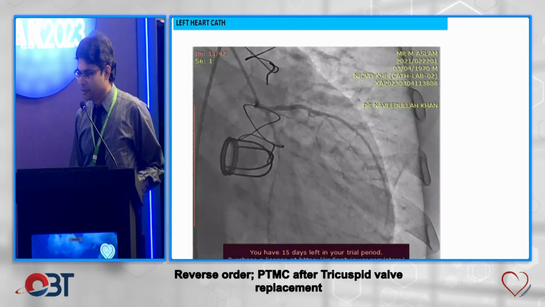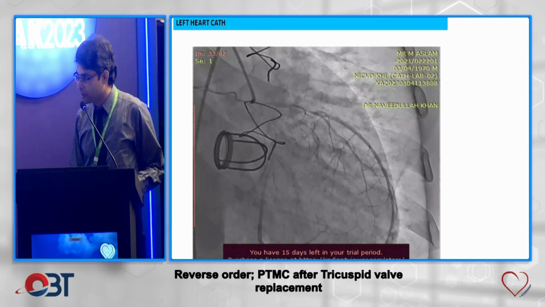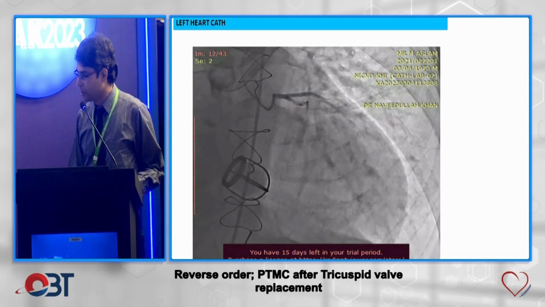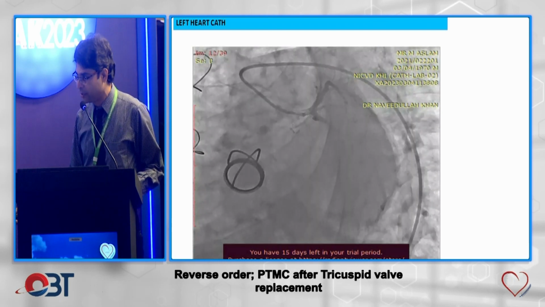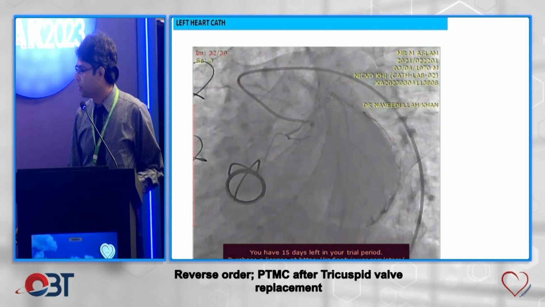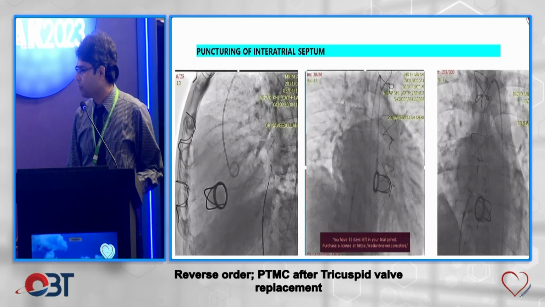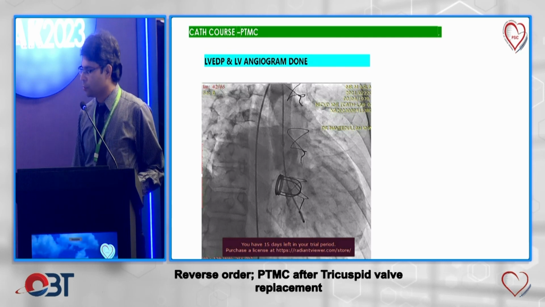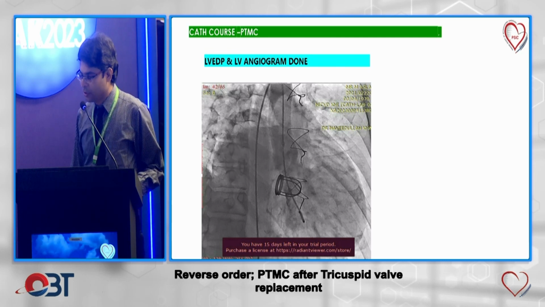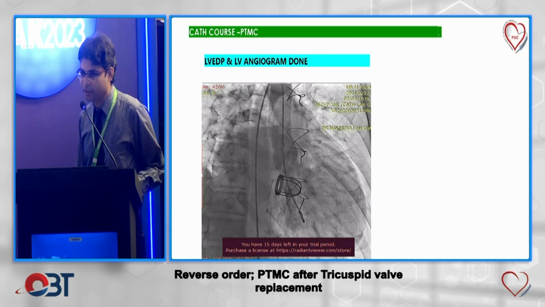So it was decided to take the patient for PTMC, and on the table left heart cath was done, which revealed moderate disease in the OM. The procedure for PTMC was started, and the LV-EDP as well as LV angiogram were done to confirm the MR, which was also mild.